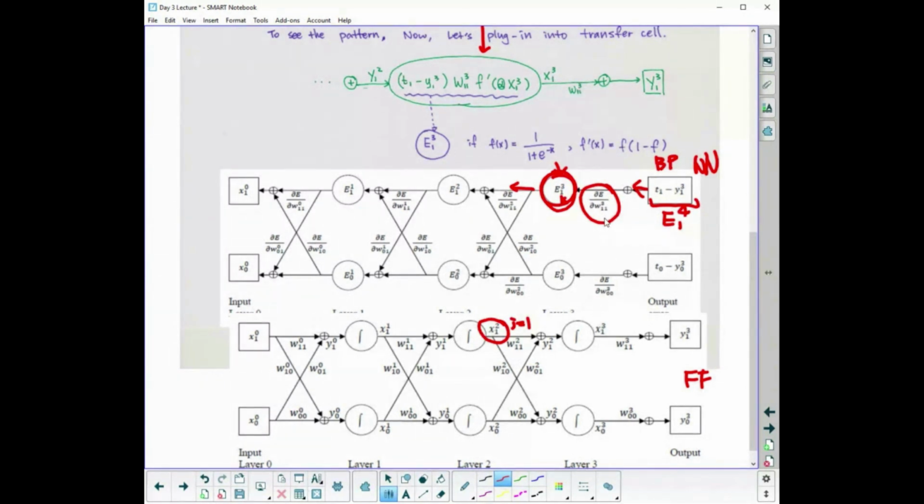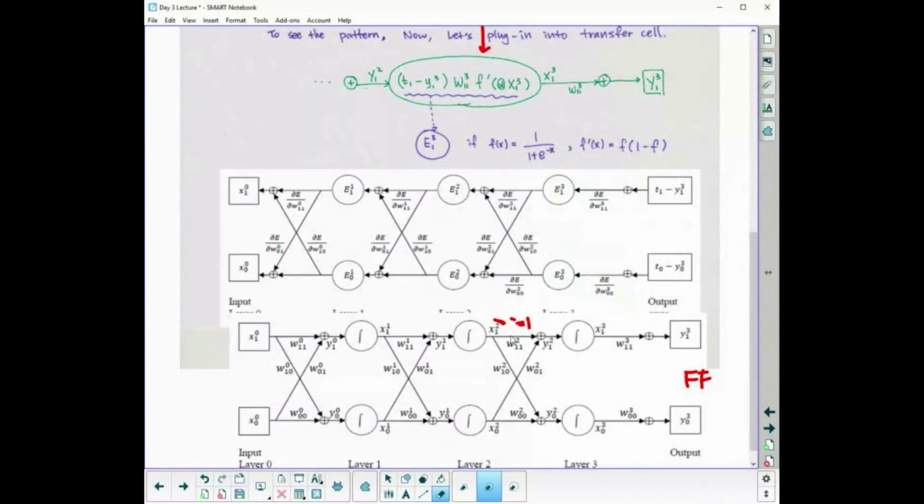You are going to store all those, I'm going to use a different color, the blue color, all those negative derivatives and E nodes, not error nodes. This one is just the E node. It's different from error, but related to error. That's why the name is E. You store the E node values and build this back propagation network. After you build it, you can use both together to make the network better.